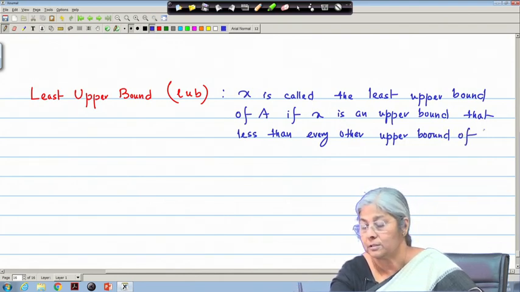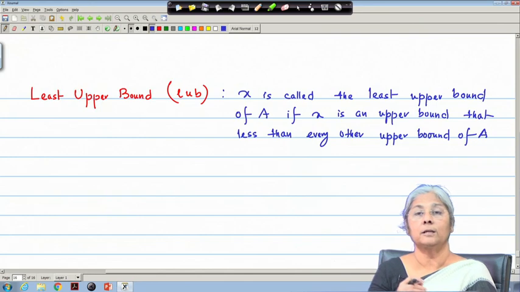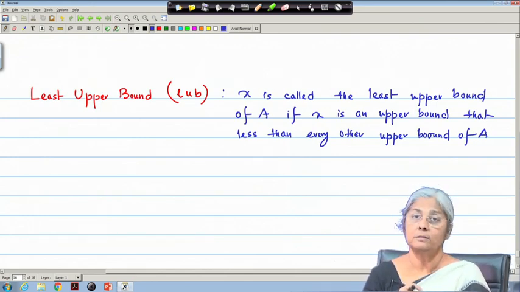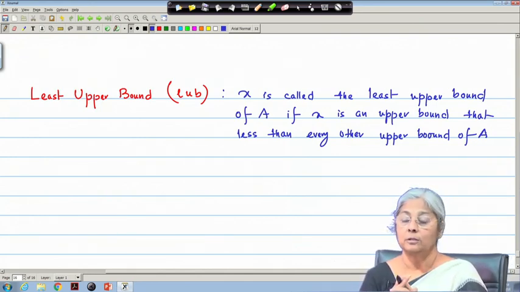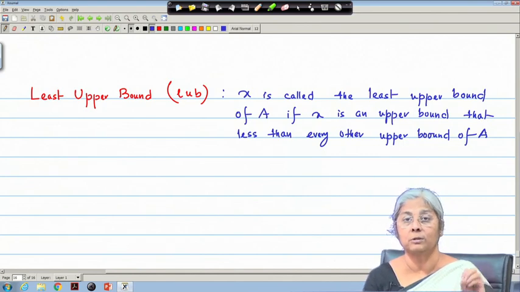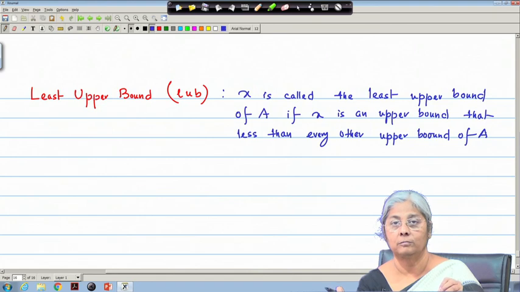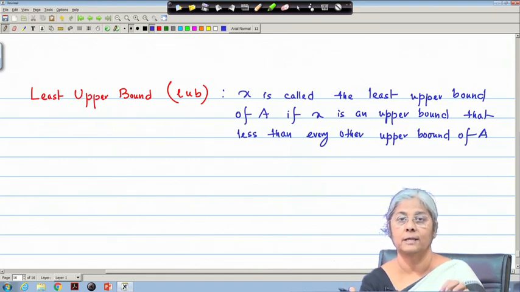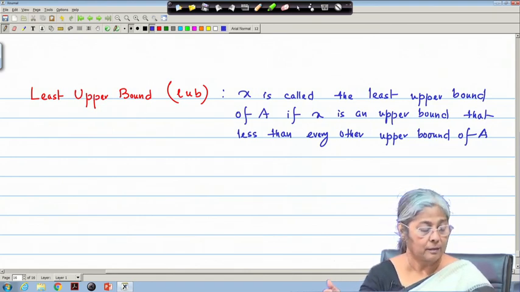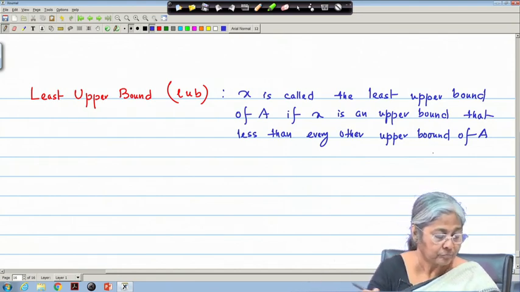Since just now we have seen that there can be more than one element in the upper bound, now we are finding the least element with respect to that poset, that is, less than. Then that can be defined as the least upper bound.